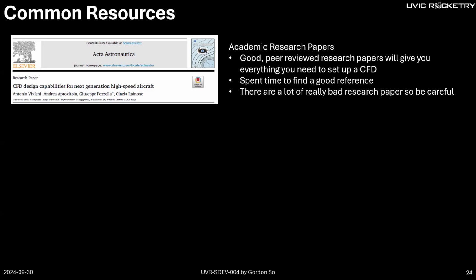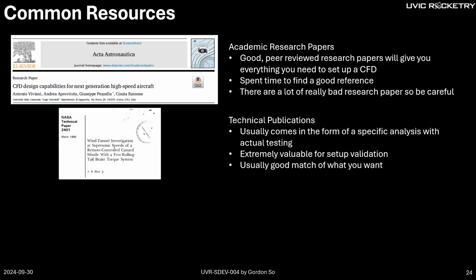Sometimes you think, oh, AIAA, they're reliable, but when you look at it, you may find that it actually doesn't make sense, or you notice something is wrong. So be careful of the reference you're using. Technical publications are probably the best ones because they usually come in the form of a specific analysis with test data.